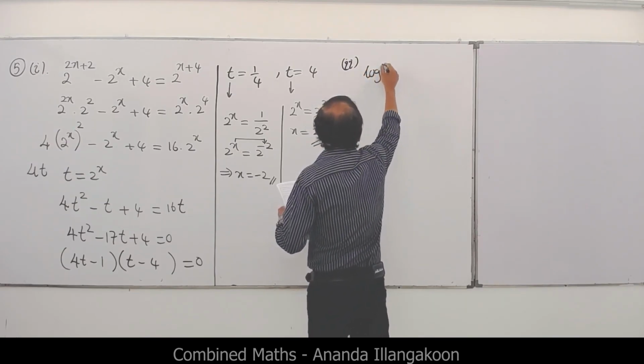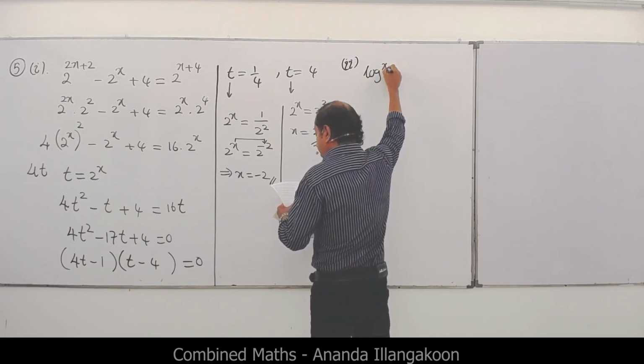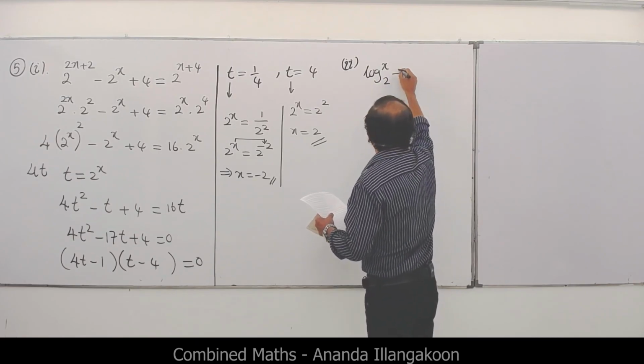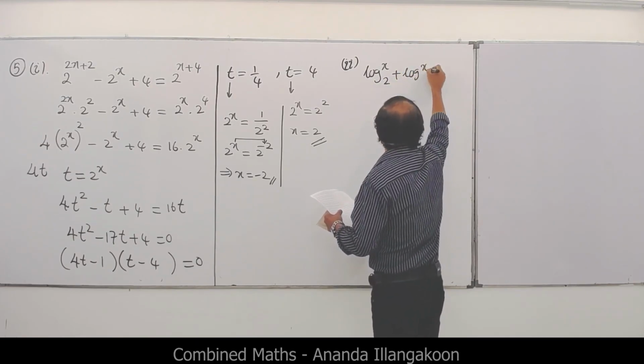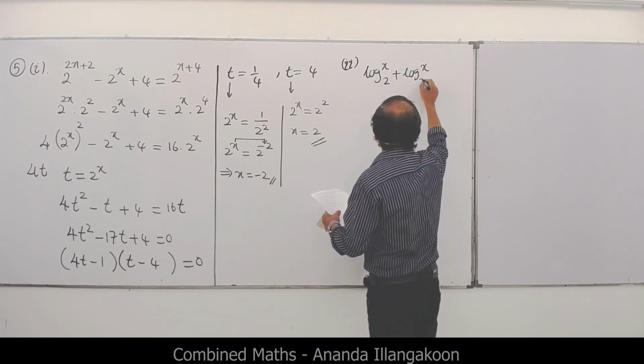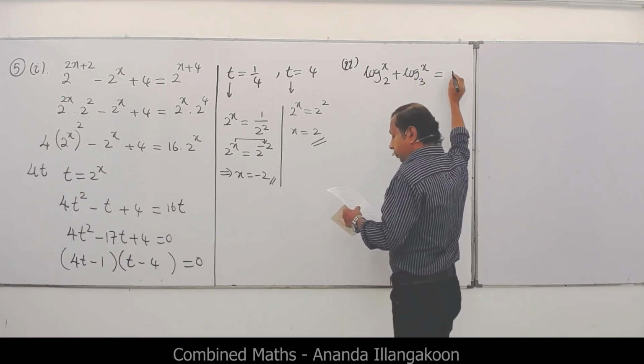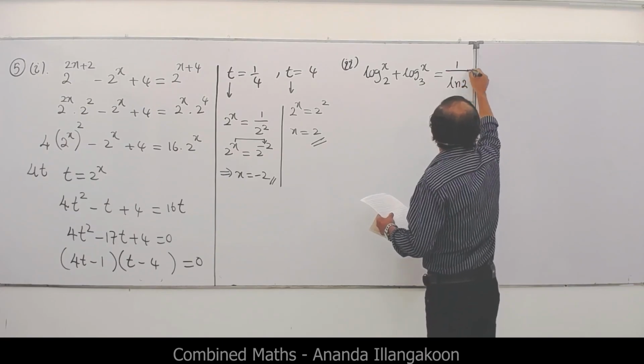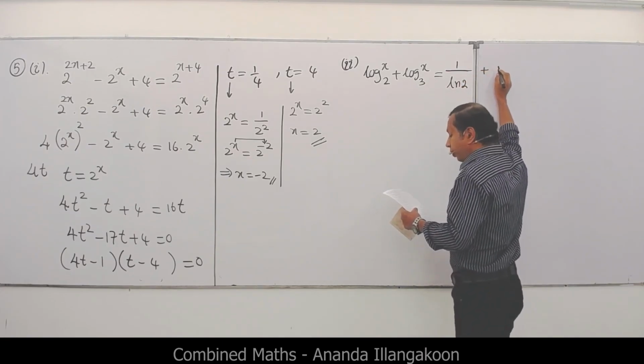log x to the base 2 plus log x to the base 3 is equal to 1 over Ln 2 plus 1 over Ln 3.